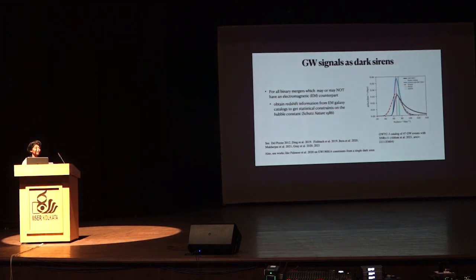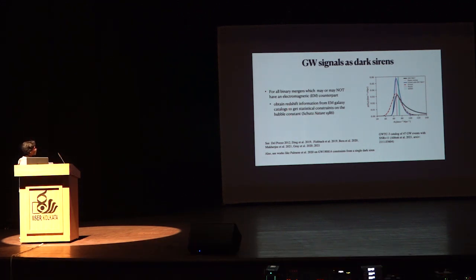There are also other ideas where, if the gravitational wave signals do not have an EM counterpart, we can still use them as dark sirens. There are different approaches people have taken, and many of the references are listed below, but I'll just mention one of the first papers which highlighted this idea.